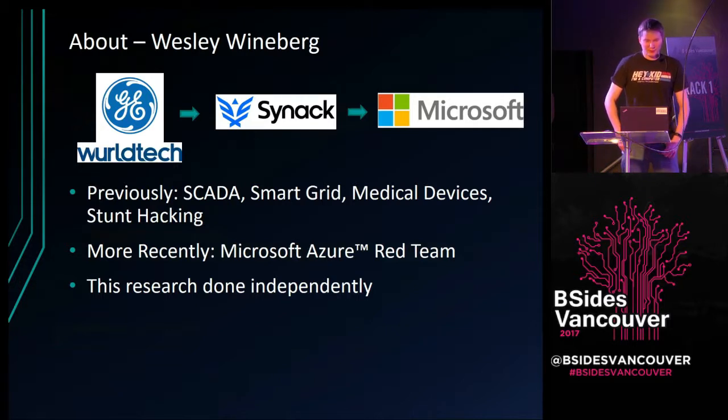Currently I'm a member of the Microsoft Azure Red Team, so my focus is definitely on the offensive side of security. But we work closely with the blue team and purple team and green team and whatever colors you've got, because offense is really just one piece of the equation to get your systems secure. And this talk is just my own independent research. No company is behind it or anything like that.